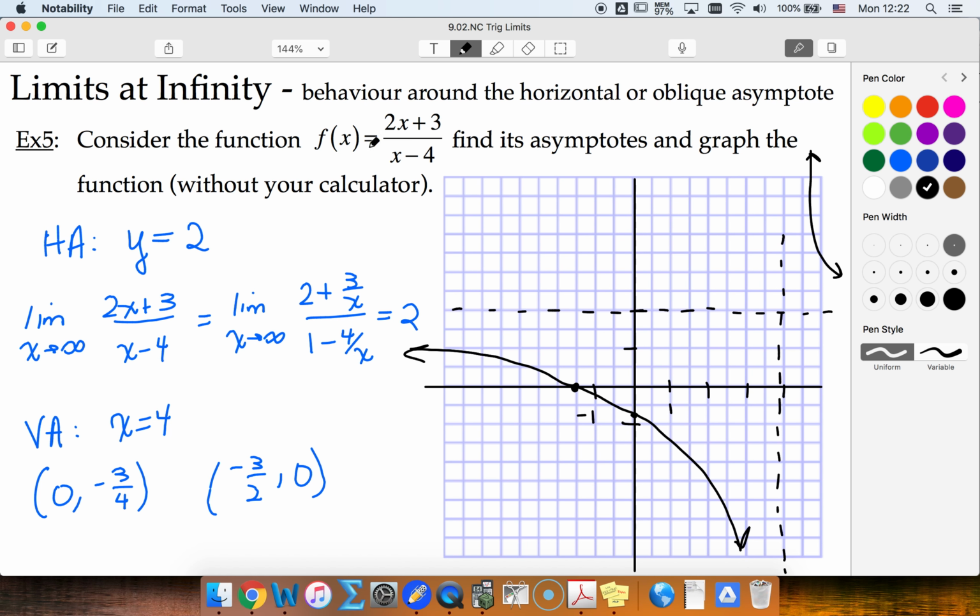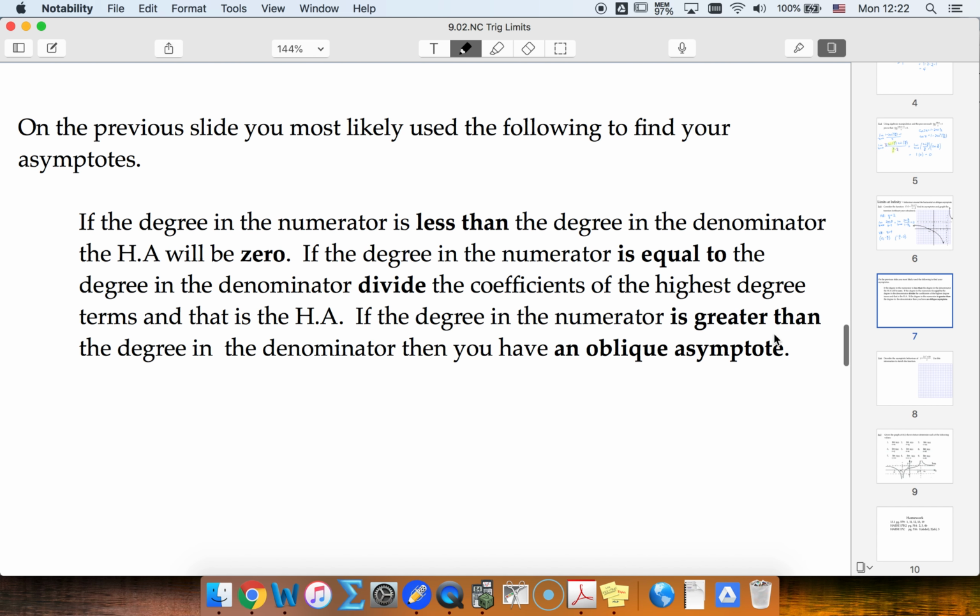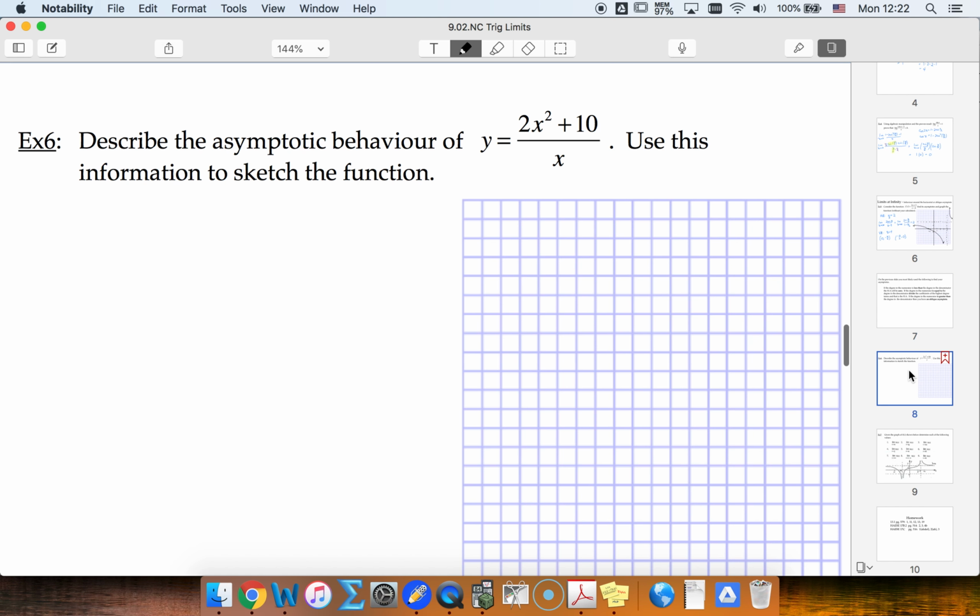So again, to summarize, we have our rules from last year that maybe you remember, and if not, you should look back on those notes, and we can use all those ideas to help us think about functions like this. So here I've got a numerator whose order is bigger than the denominator. So if I use my long division, then I can rearrange this function.